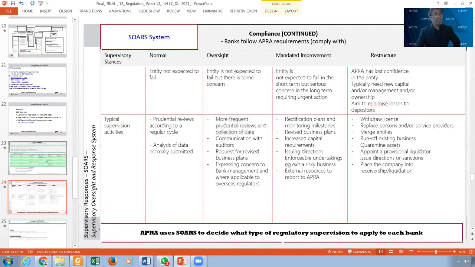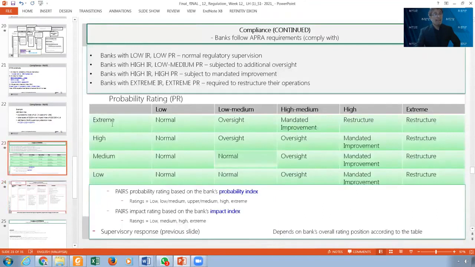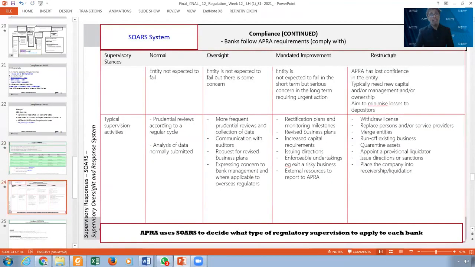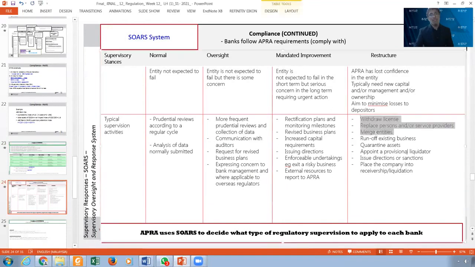For example, if somebody is really high, extreme, and here extreme, restructure. See, if you are very big in size and your risk is high, they stop you immediately. So this is what we call restructure. So EBRA has lost confidence in the bank, and then they will withdraw the license and do all of those things to stop the bank from damaging the system.